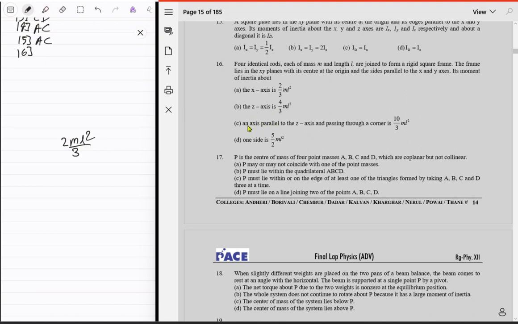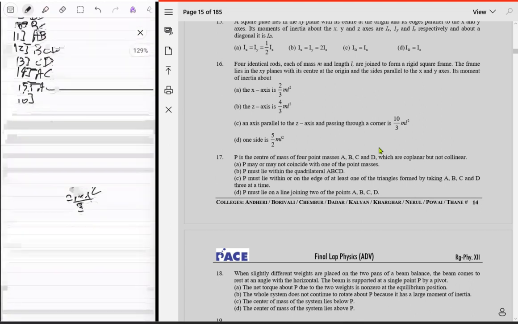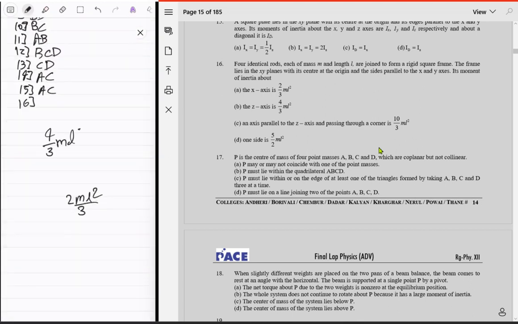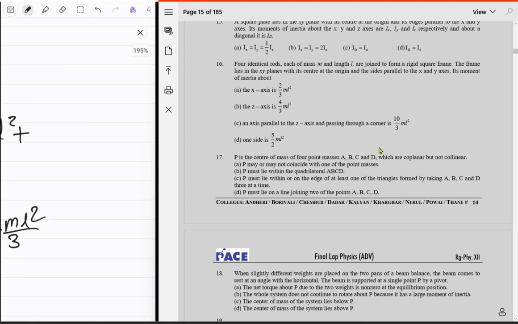And what else, and x is parallel to the z-axis and passing through the corner. God, I don't like this. It's 10 upon 3 ml squared. Okay, total mass of this will be 4m. We'll have to do this. 4/3 ml squared plus, so what your distance was, like L upon 2, L upon 2, sort of L upon 2, L upon sort of 2.